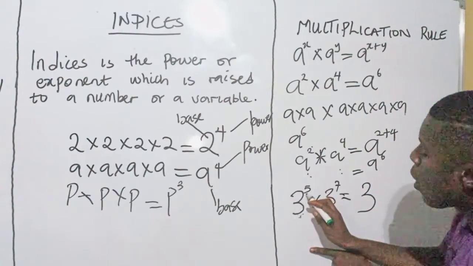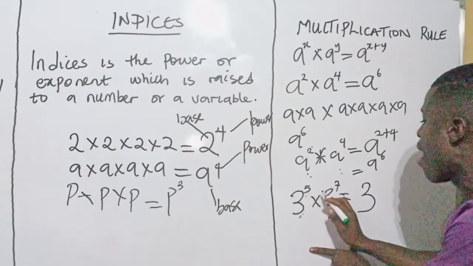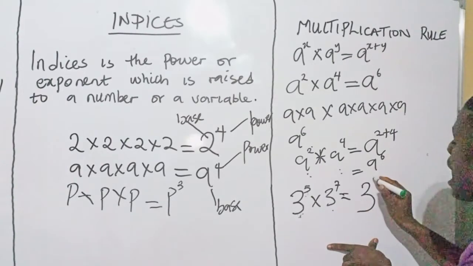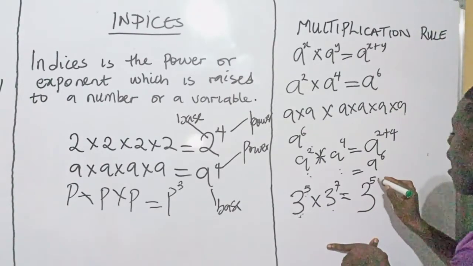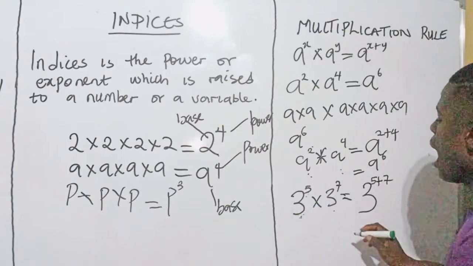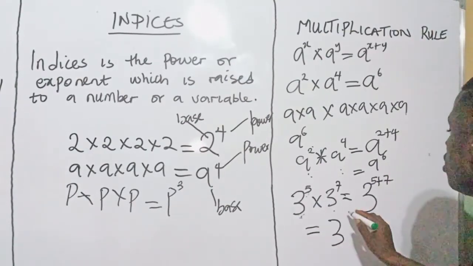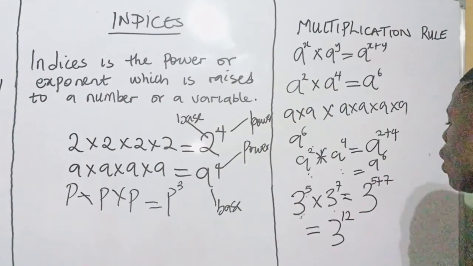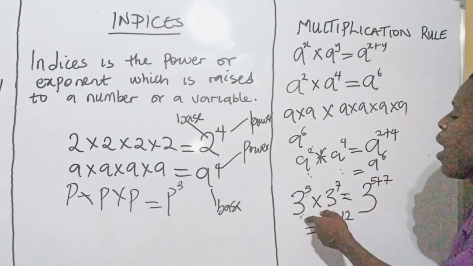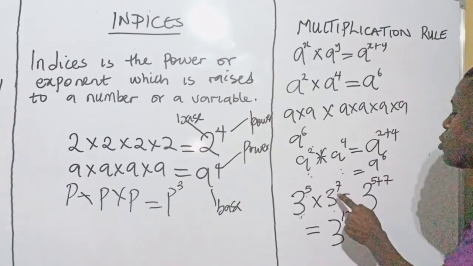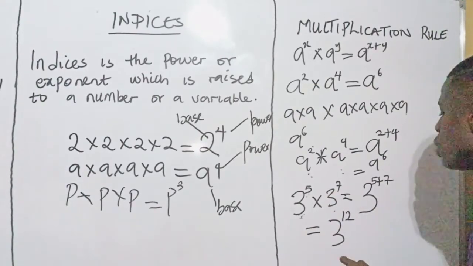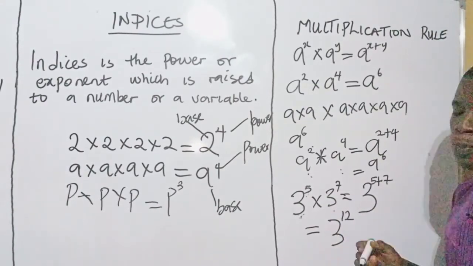Their individual powers are 5 and 7. So I simply add their powers, which is 5 plus 7. And at the end, you can see that we have 3 raised to power 12. So 3 raised to power 5 times 3 raised to power 7 is equal to 3 raised to power 12.